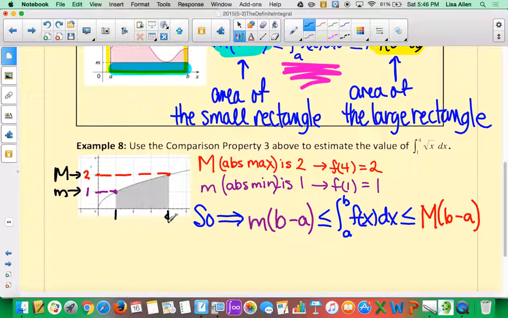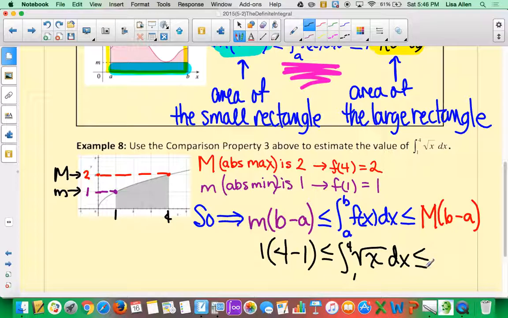So we can say that 1 times 4 minus 1 is less than or equal to the integral of the square root of x dx from 1 to 4, which is less than or equal to the maximum value, 2, times the difference in the interval, 4 minus 1.